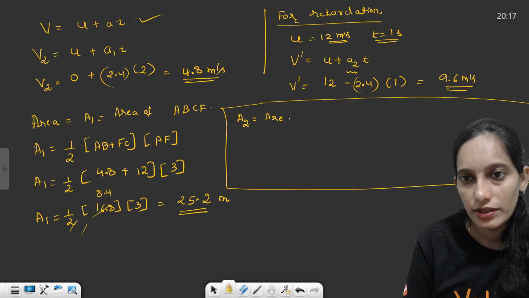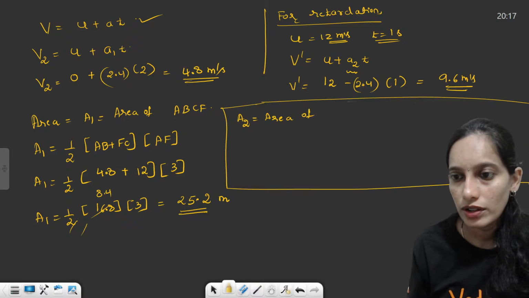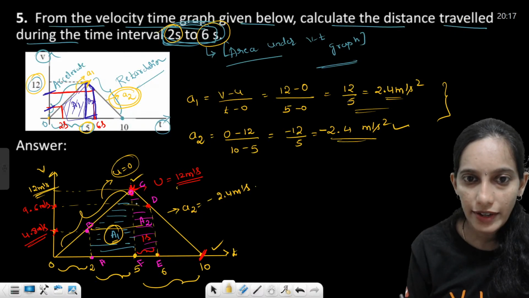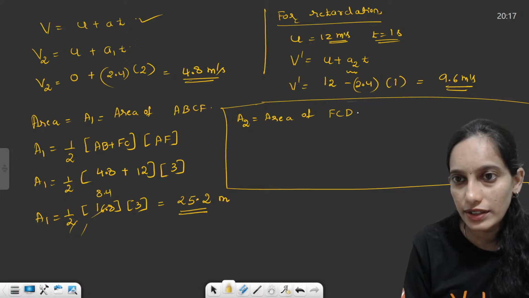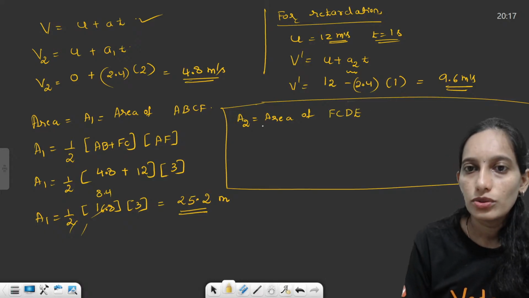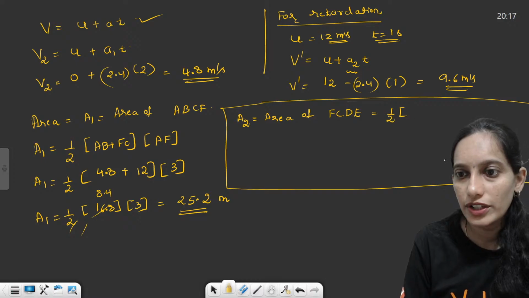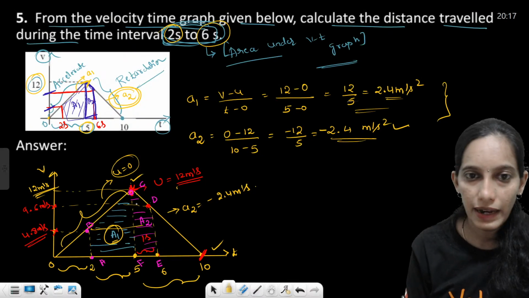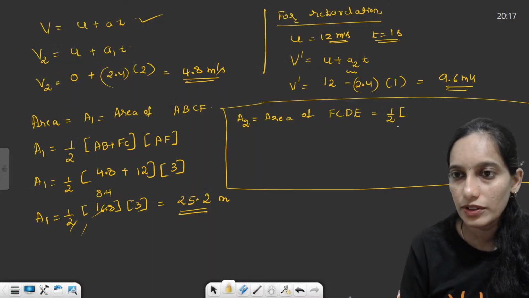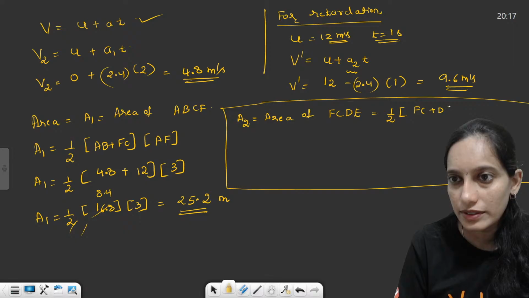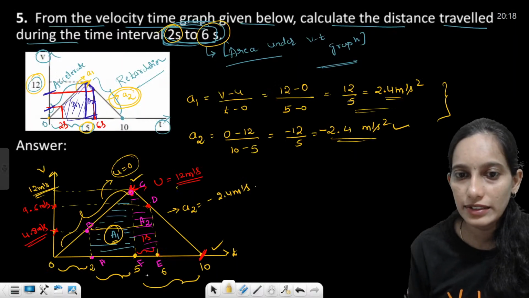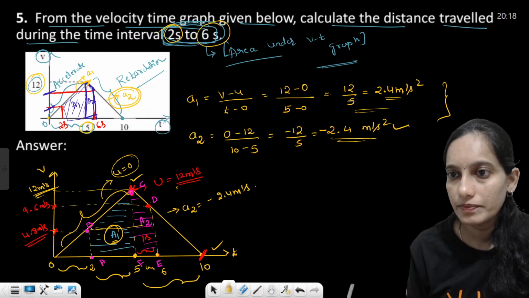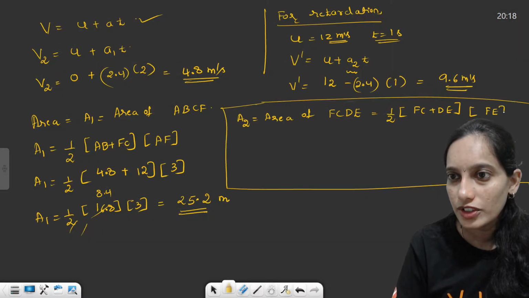A2 is the area of FCDE. Substituting, half into sum of the parallel sides, so parallel sides are FC plus DE, into the distance between the parallel sides, that is FE, which is the time duration.